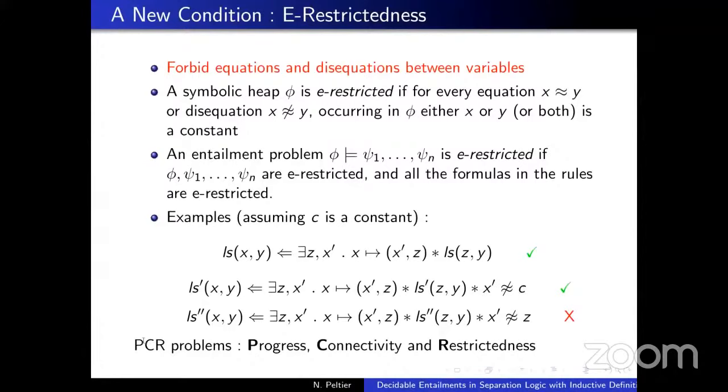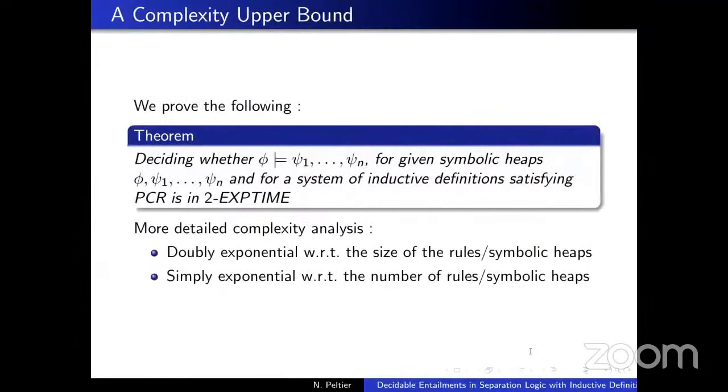So we have what we call PCR problems, entailment problems satisfying the progress, connectivity, and restrictedness conditions. We can prove the following theorem, stating that the problem of checking the validity of PCR entailment is decidable and is in 2EXPTIME.